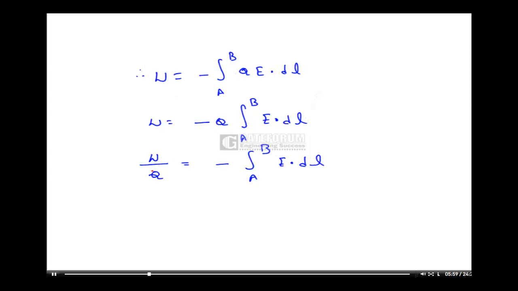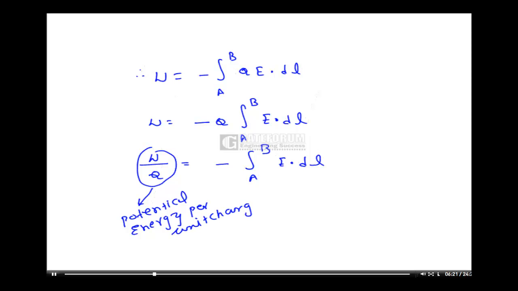This W by Q ratio has a particular meaning. It is known as potential energy per unit charge, since I am dividing by Q, that is, I am moving a unit charge.